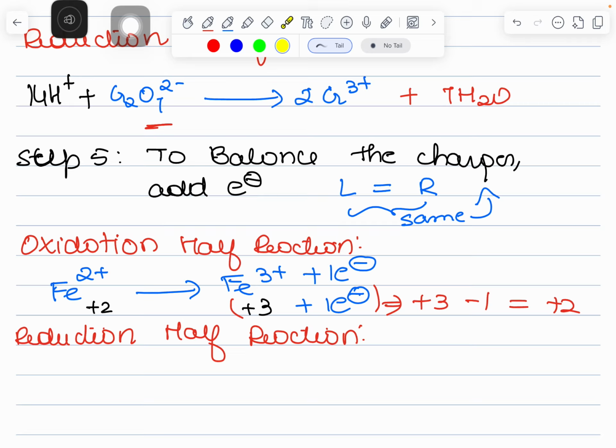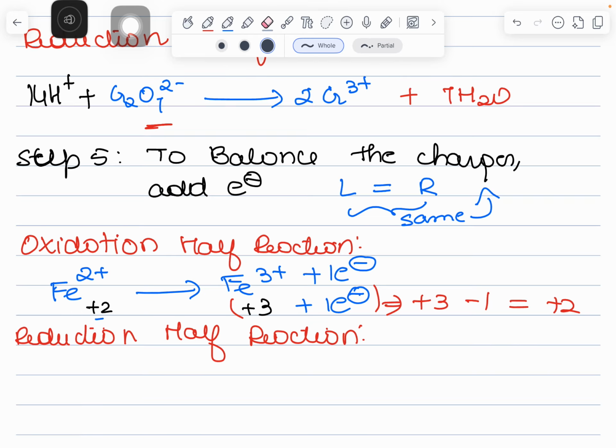I can't add the electron here, because +2 and -1 becomes +1, and the charges will not be equalized. So we have to add it on the right side of the arrow. I have added 1 electron here, so it will be 3 minus 1, which is +2. Hope it is clear. So we have added 1 electron in this reaction.